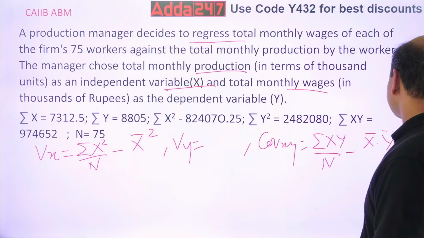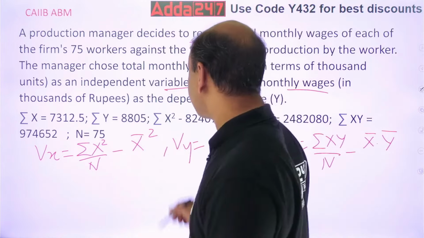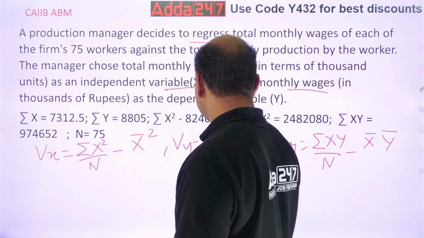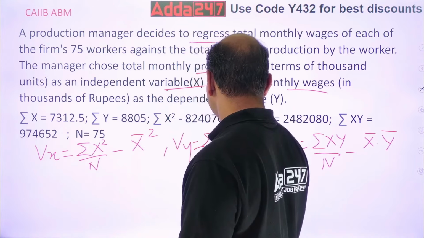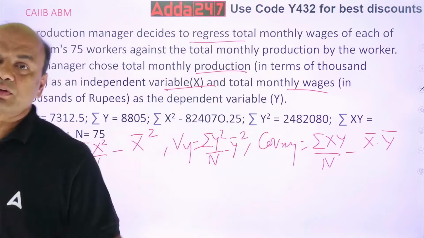Okay, this is the covariance formula. So understand variance of x, variance of y, and covariance. These are the formulae, and that's why all these elements are given.